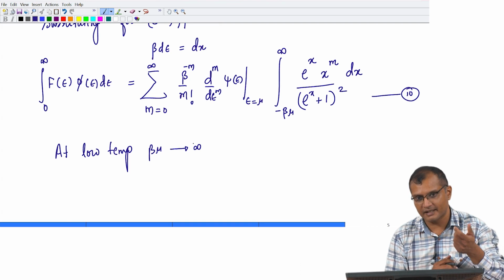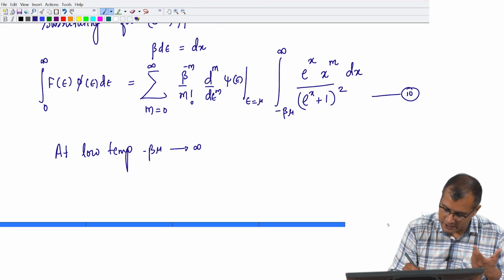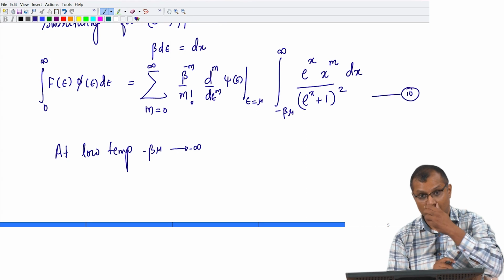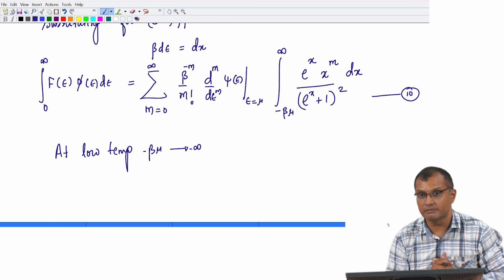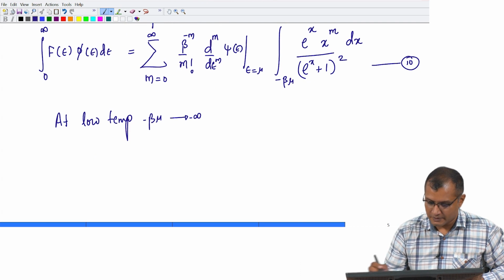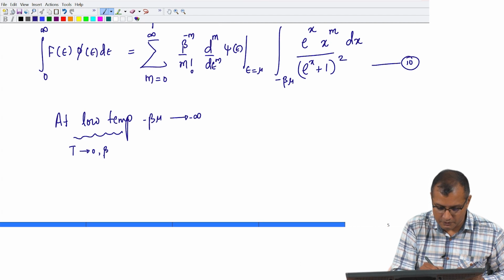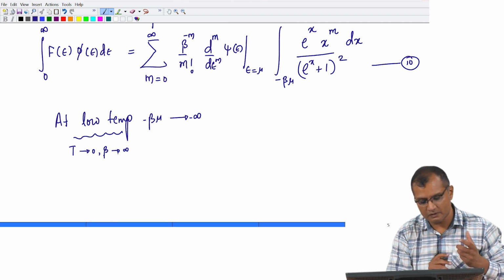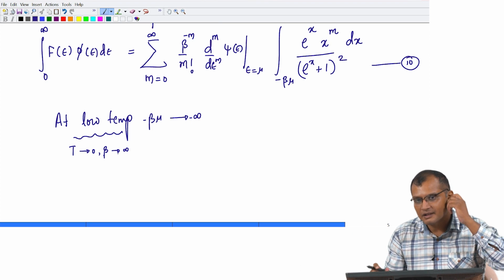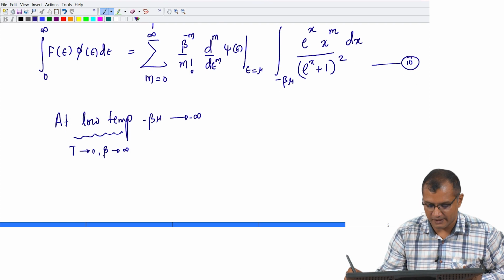So, I have an energy scale which is mu, now it makes sense, and that means my minus beta mu will be minus infinity, that is the meaning of low temperature, okay, right, because low temperature means T going to 0 or beta going to infinity. You can also say absolutely low temperature, okay, but here I have given a scale argument. In any case they both imply the same.